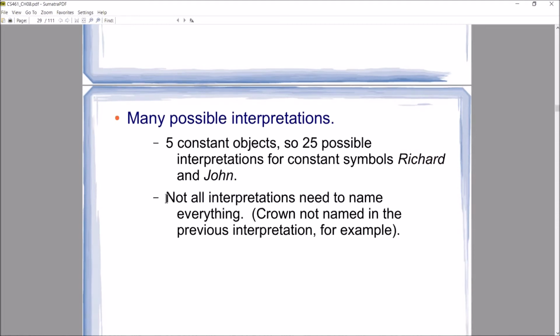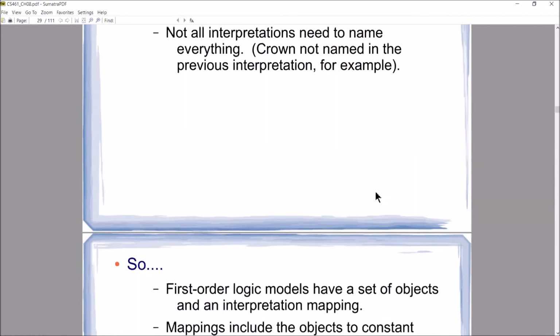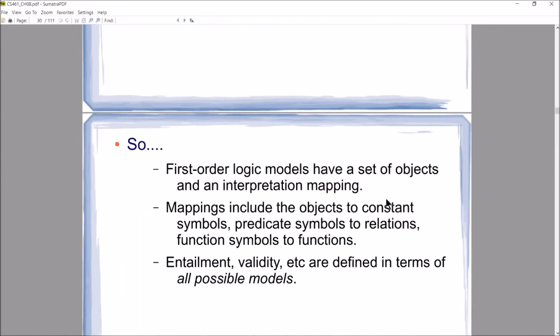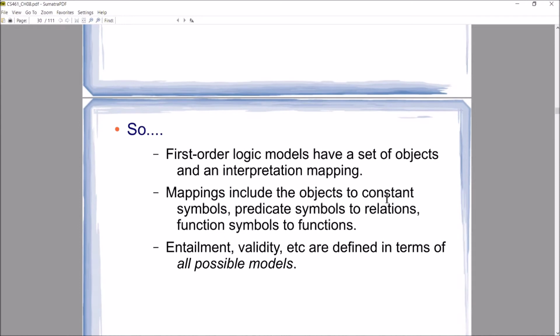Okay. Now, as I was saying just a second ago, not all the interpretations need to name everything, right? You're not going to name, like I said, for crown, you're not going to say, oh, well, that's Tom the Crown. But for the king, for his brother, it probably makes sense in an interpretation to give them a name, right? Richard and John. Right? So, first order logic models, there is a set of objects and an interpretation that maps symbols to those objects.